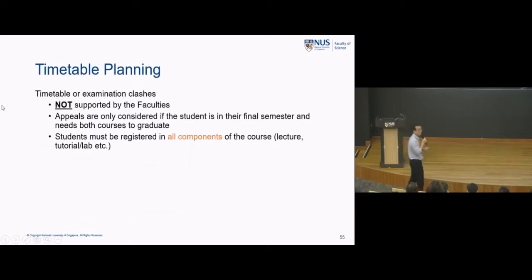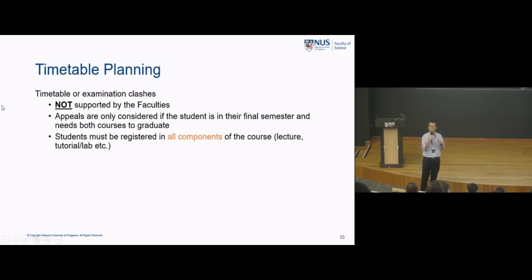Okay, now, I mentioned about timetable planning. So generally speaking, faculty does not approve of students reading courses that have timetable clashes, whether it is lesson clash or exam timetable clashes. Okay?